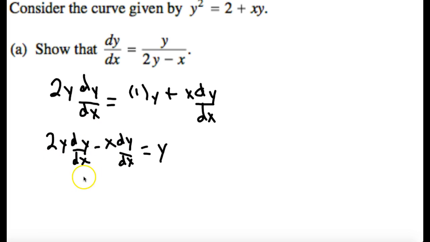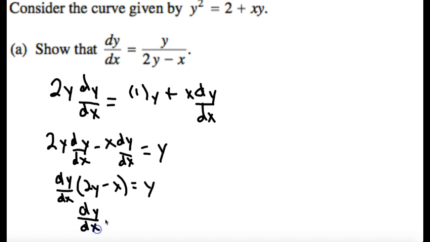Now I can factor out my dy/dx and get dy/dx times 2y minus x equals y. Divide both sides by 2y minus x, and we get dy/dx equals y over 2y minus x.